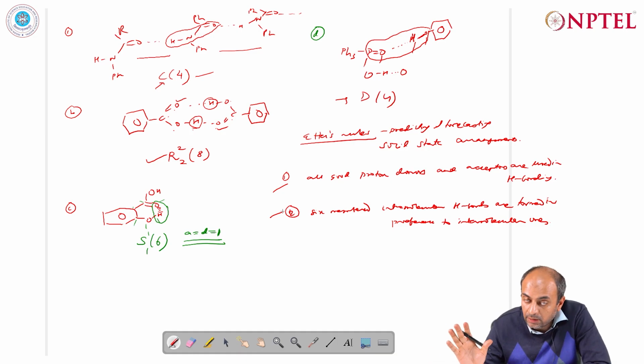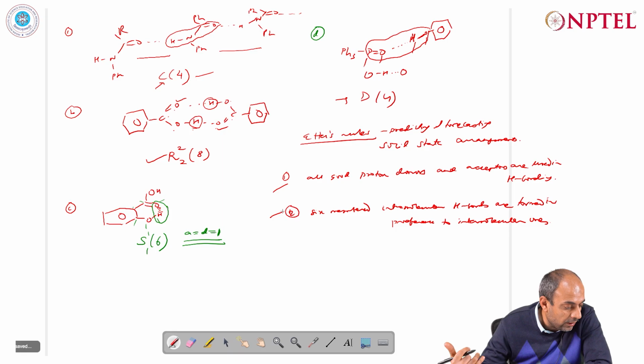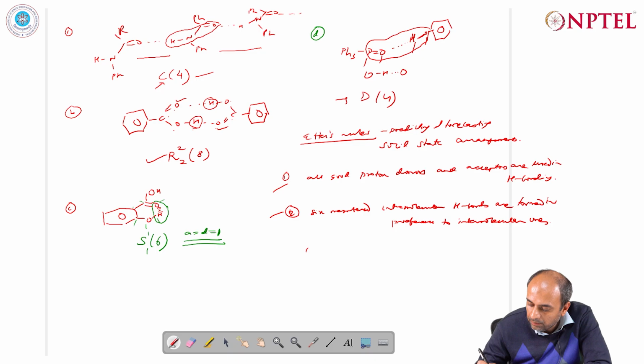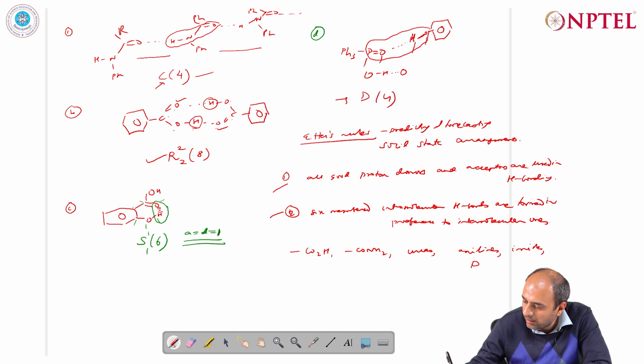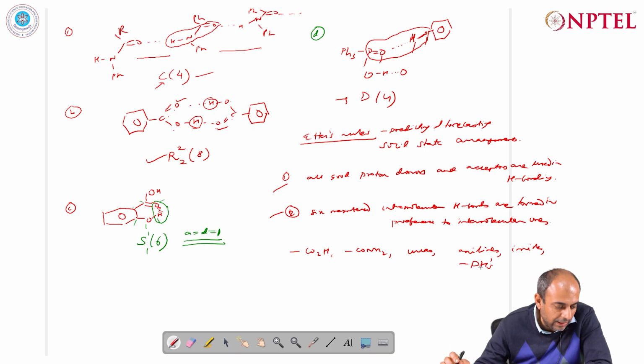Obviously these are just a set of rules. They can be applied, and sometimes they work, but it is not necessary that the Etter's rules will work in all the cases. However, in cases where you have got strong donor acceptor groups like acid, amide, ureas, anilines, imides, and phenols, the first rule works very well, and the justification for the second rule is similar to that of the chelate effect.